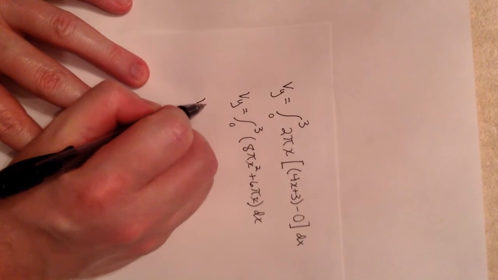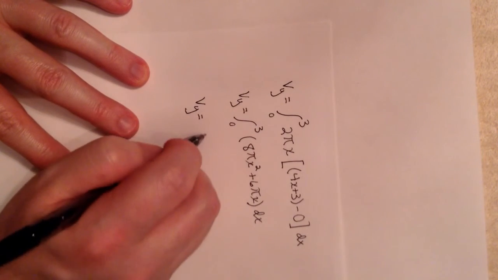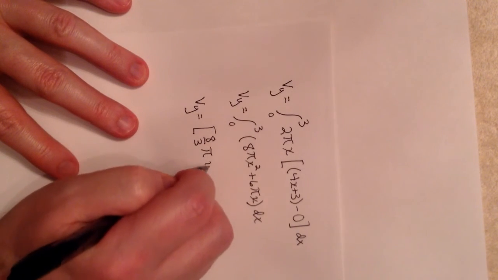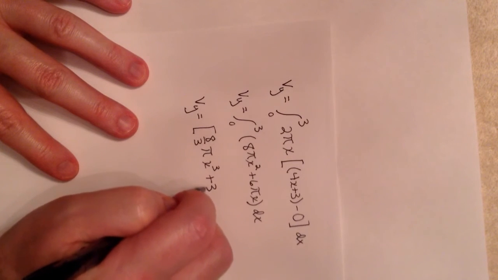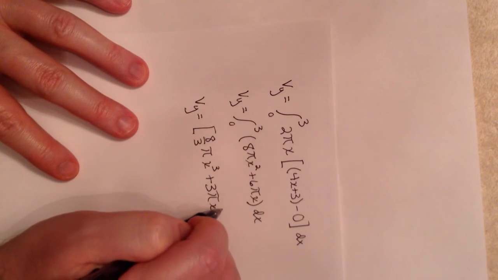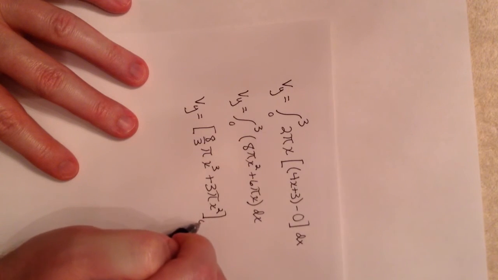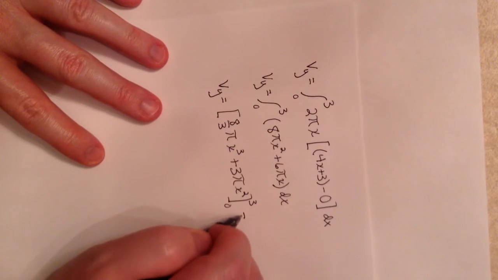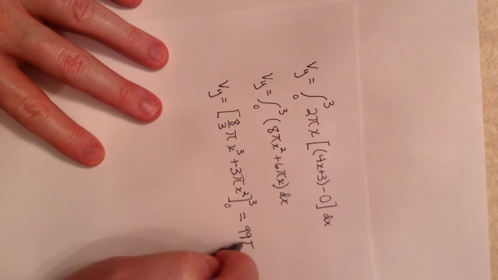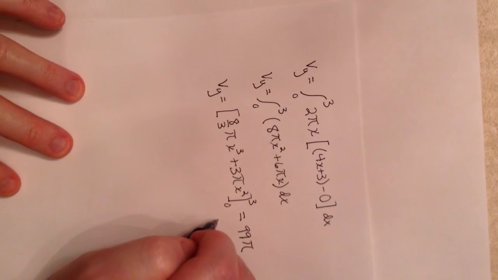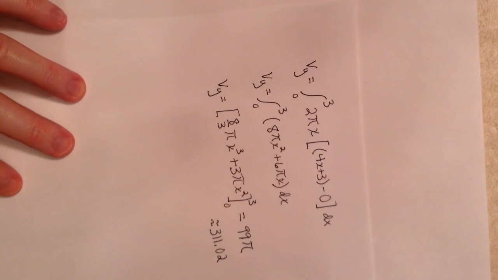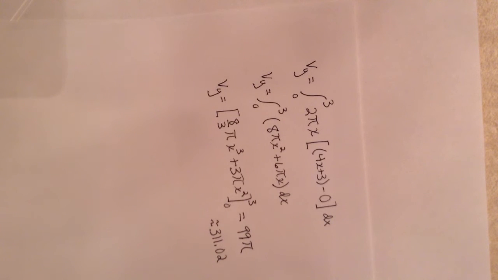And for the antiderivatives, we're going to have 8/3 pi x cubed plus 3 pi x squared. So x goes from 0 to 3, and for the exact answer, this will end up at 99 pi, and in terms of the decimal value we have about 311.02 cubic units. And so that particular portion will complete exercise number 1.